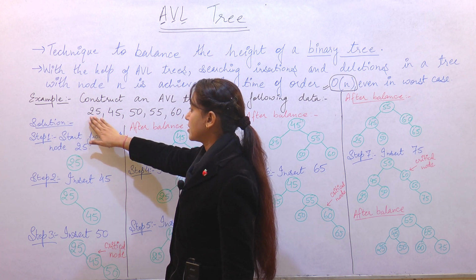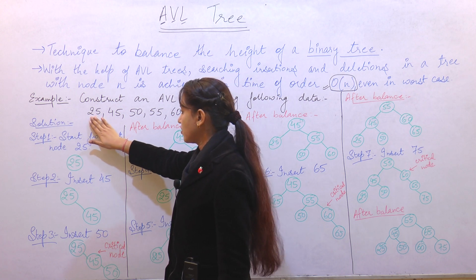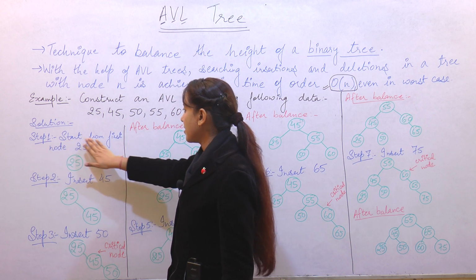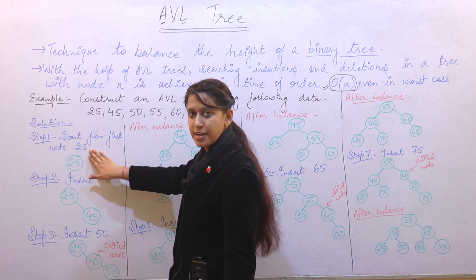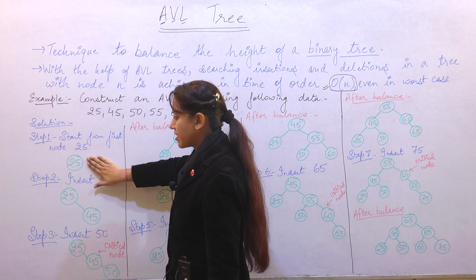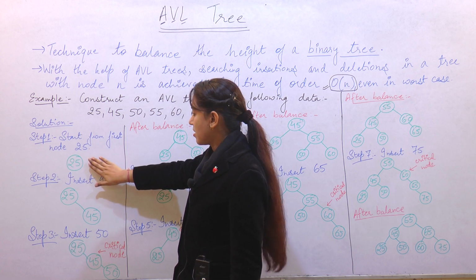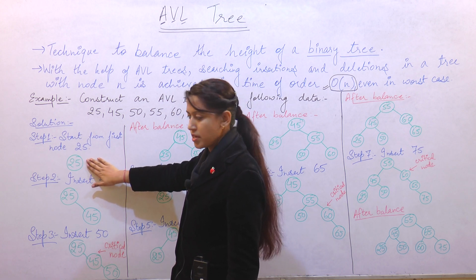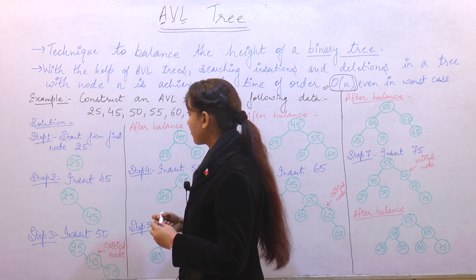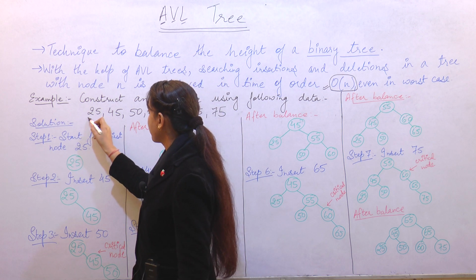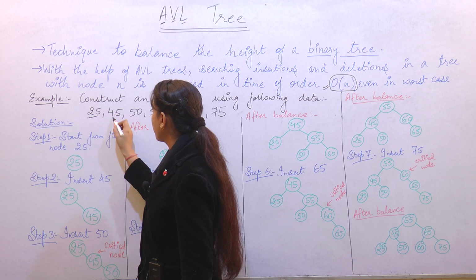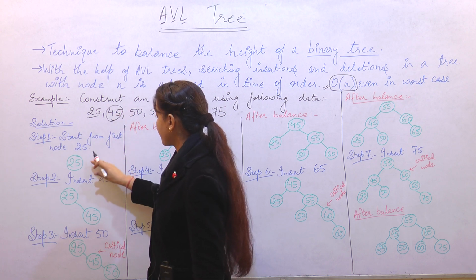The first element is 25. At the first step we will start with the first node, that is 25. We will insert 25 in our memory as the first node. After inserting 25, we will move towards the next element, that is 45.